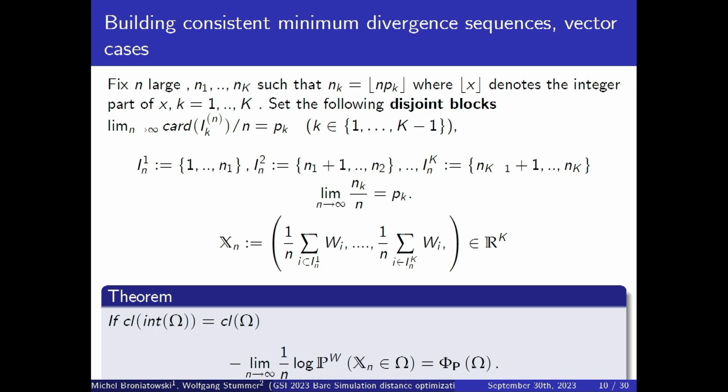The cardinality of this block is related to p, so p appears here in the number of replications of the wi's in the block. So this vector xn is built upon p, because p is inherent in the construction of the blocks. The distribution of the w's is linked to phi, the generator, because the generator is supposed to be the rate function according to the distribution of w.